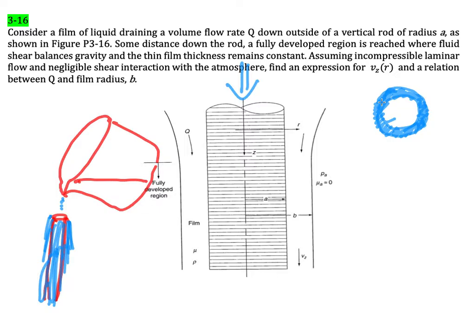If we draw the velocity distribution, it might be something like this, because we assume there is a no-slip condition at this surface.